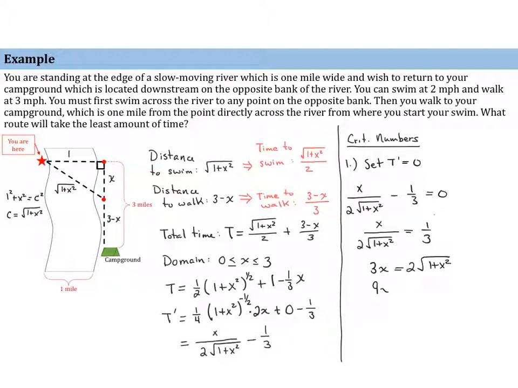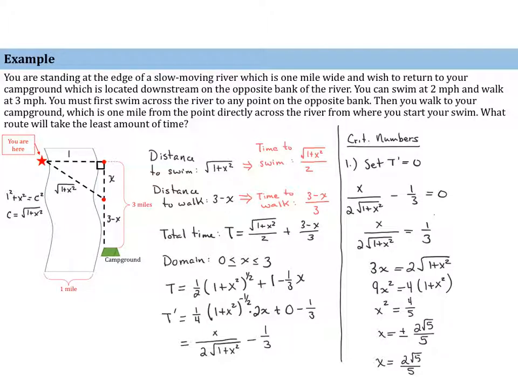Squaring both sides, we obtain 9x squared equals 4 times 1 plus x squared. Solving this gives us x squared equals 4 over 5. So x equals positive or negative 2 square roots of 5 over 5. But of course, x cannot be negative. So we have x equals 2 square root of 5 over 5 as a critical number.